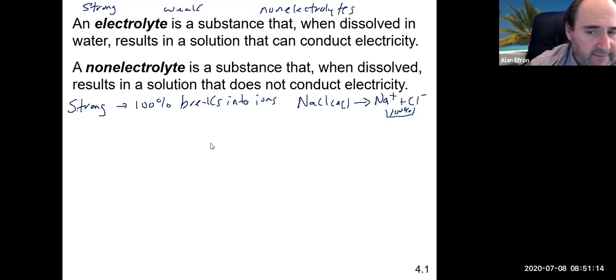You have no sodium and chlorine units still together at that point. They've completely broken apart. And really what makes it a good conductor of electricity is that you produce a lot of ions. The ions help complete the circuit, if you will, and conduct electricity really well.